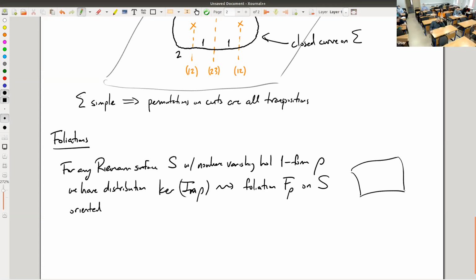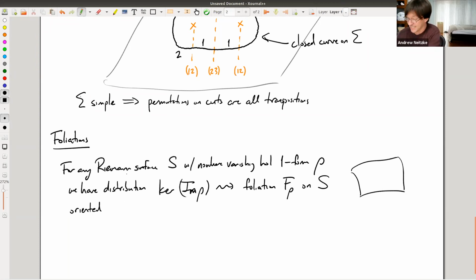Is there such a thing as a nowhere vanishing holomorphic one form on a Riemann surface? Nowhere vanishing holomorphic one form. Yes, that's what I said. But if the genus of the surface is greater than 1, then there are no nowhere vanishing holomorphic one forms.